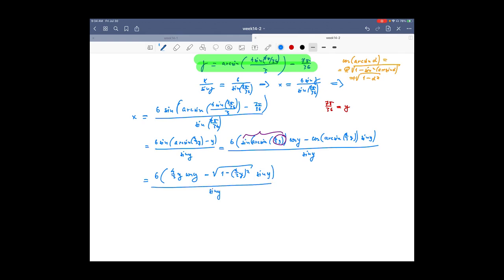over sine y. Again, it's questionable if this simplification is valuable, because if we multiply the top and the bottom by 9, for instance, so we get 12y cosine y.